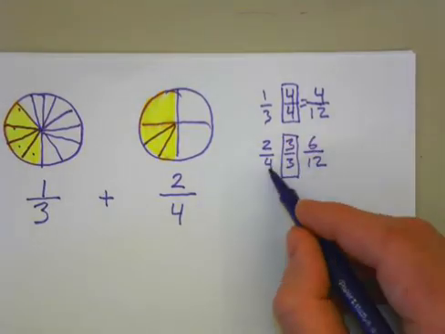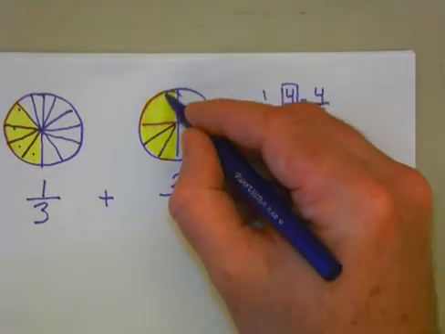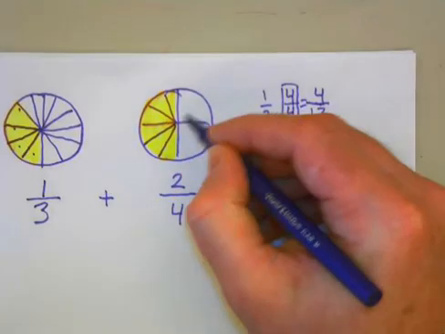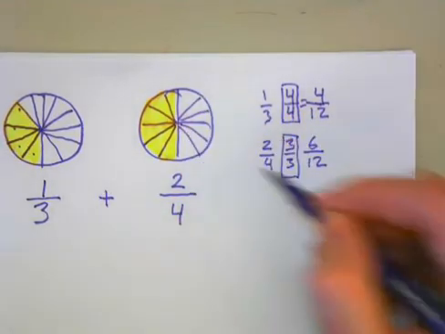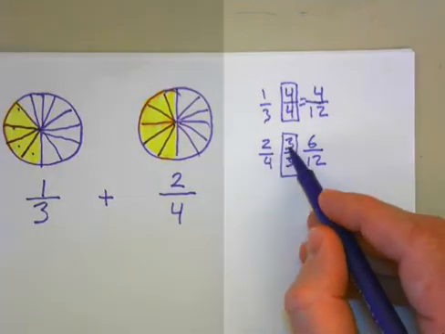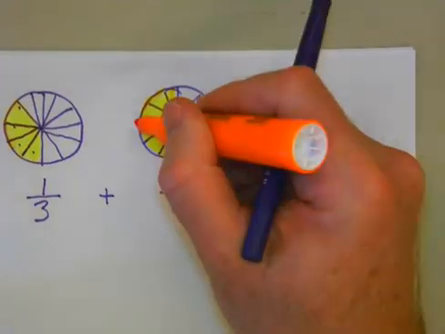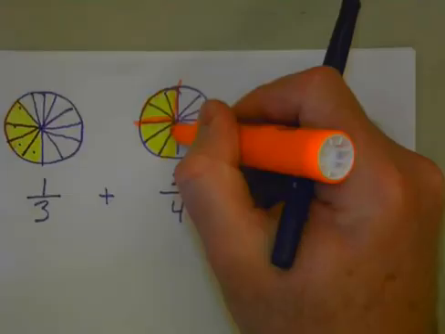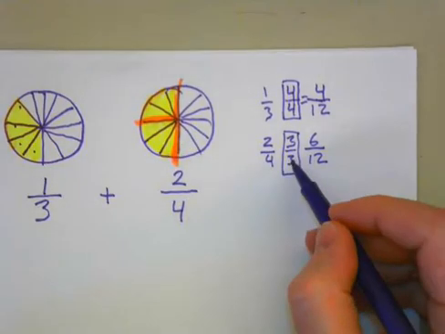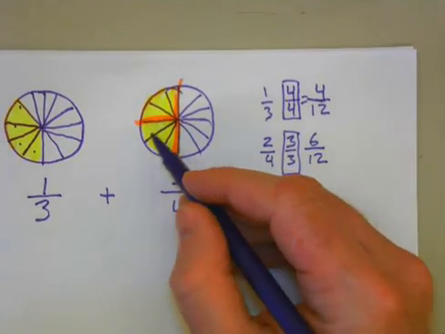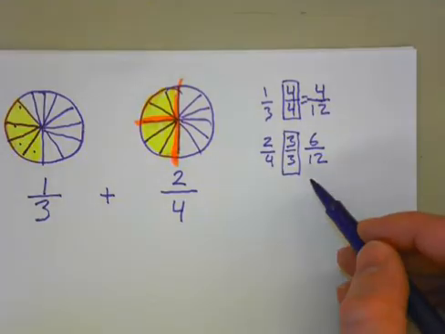Because the bottom number changed, the top number has to change as well, which means each of these pieces gets split into 3 pieces. And we multiplied the 2 times the 3 to get the 6, because we started with 2 original pieces. And each of those pieces was split into 3 pieces, 1, 2, 3, 1, 2, 3, so we have a total of 6.